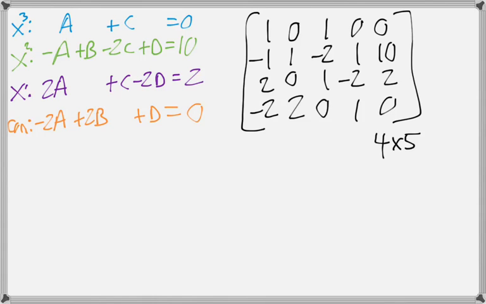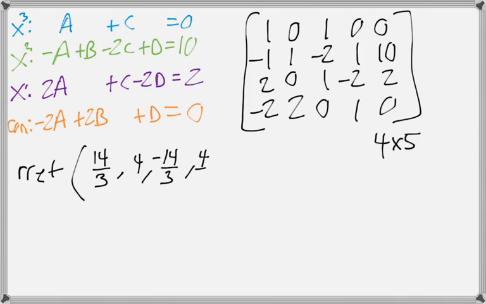And if you do RREF and convert to fraction, you get 14 over 3, 4, negative 14 over 3, and 4 over 3.